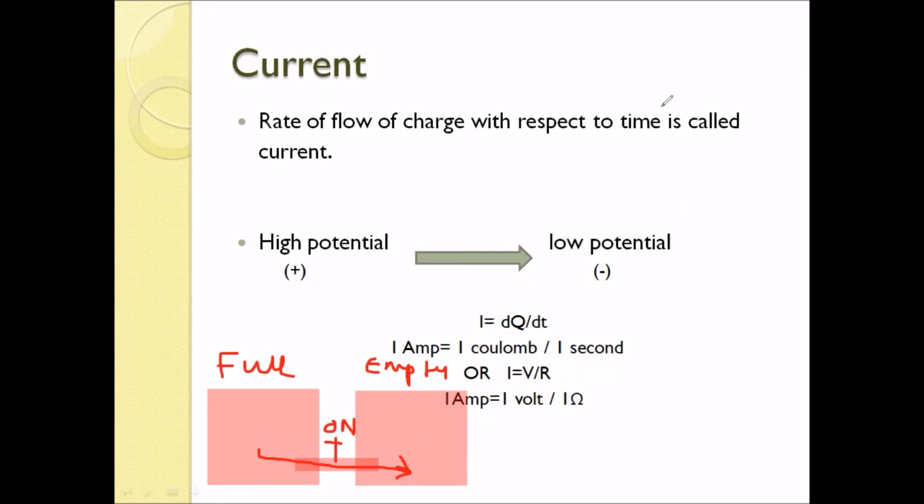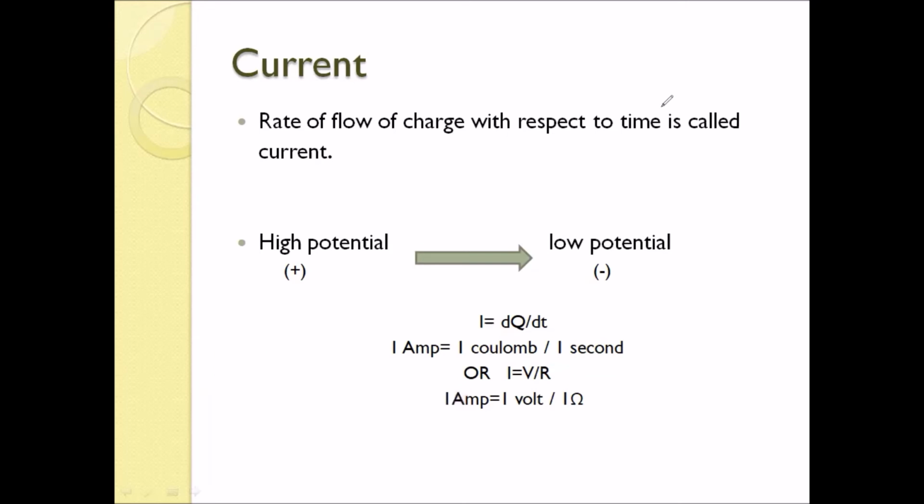In a similar manner, electric charges always flow from a point which has high potential to a point where the potential is low. The high potential is indicated by the plus point, and the low potential point is indicated by the minus point.